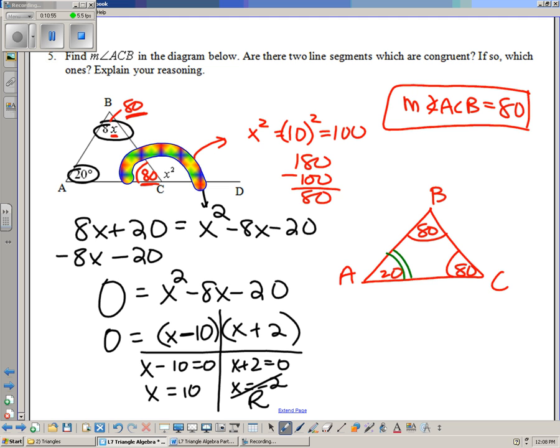So in fact, since we have an isosceles triangle, there are two line segments which are congruent, going across from the equal angles.